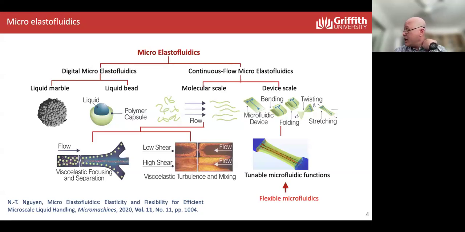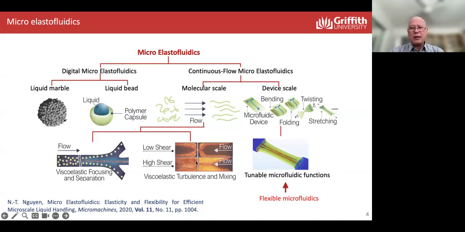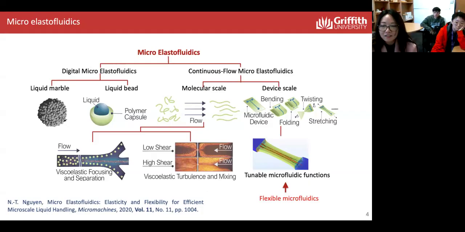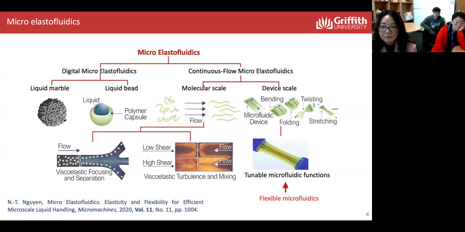properties for mixing? I don't have it in mind, but this work was done probably 20 years ago. So we use this, you can see on this slide in the middle, there is a sudden expansion structure. Yeah, yeah. Where you induce less shear at the junction. Yeah.